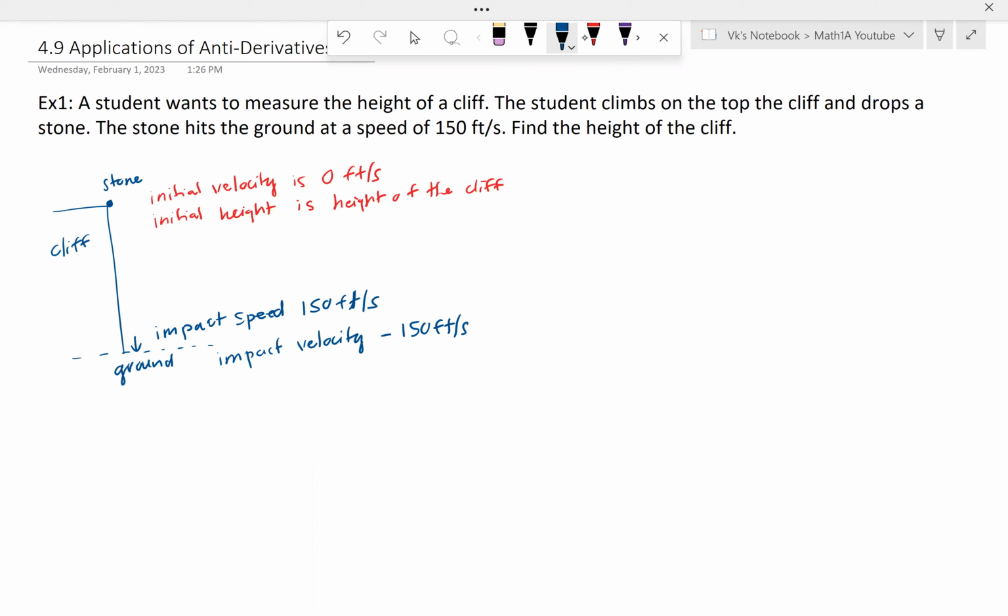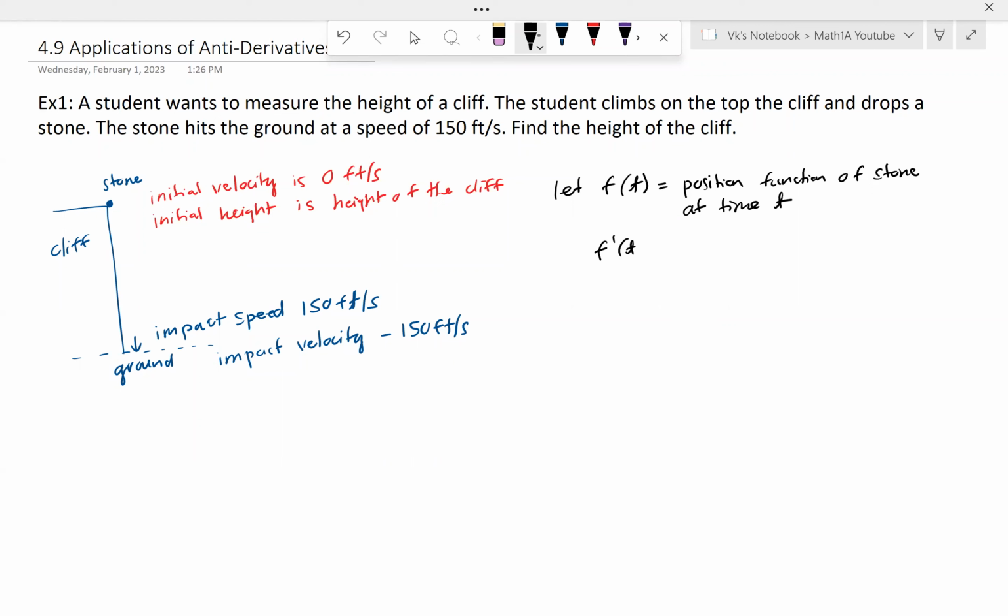Okay, according to the information, let f(t) be the position function of the stone at time t.